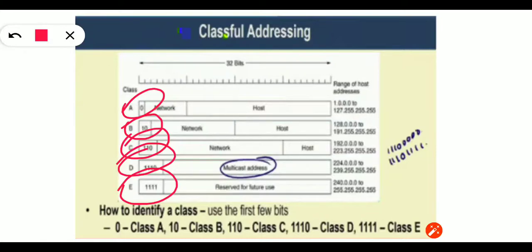So that is the concept of multicast. Okay, and IP also uses the concept of multicast and keeps provisioning for using multicast IP addresses. So class D addresses are multicast addresses, with the initial bits as 1110.